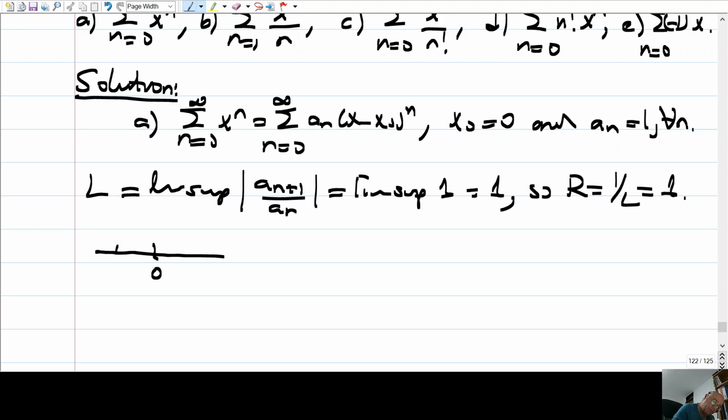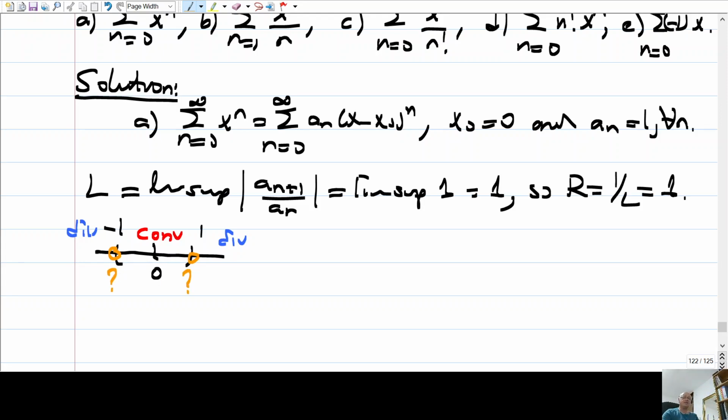If I draw the interval about 0 of radius 1, so this is 1 and this is minus 1, then I know that at an inside point the series is convergent and it is divergent here and divergent here, and at the boundary points, sorry, this one and this one, 1 and minus 1, we don't know.